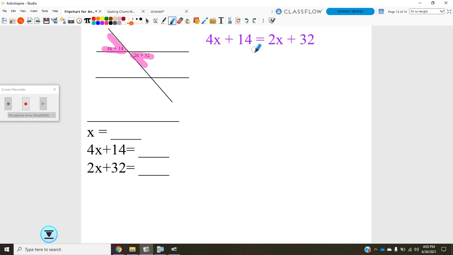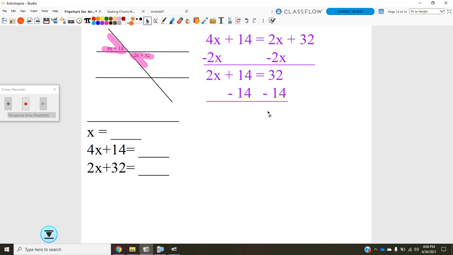There's an equal sign in the middle. There's variables on both sides, so I'll subtract 2x. Subtract 14 both sides. Divide by 2 both sides. And x equals 9.